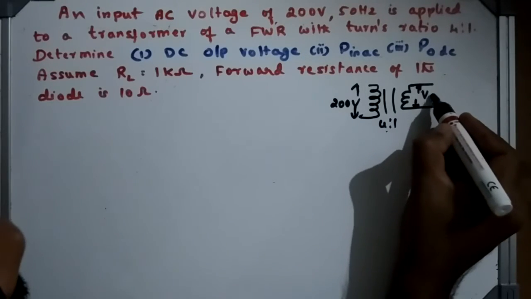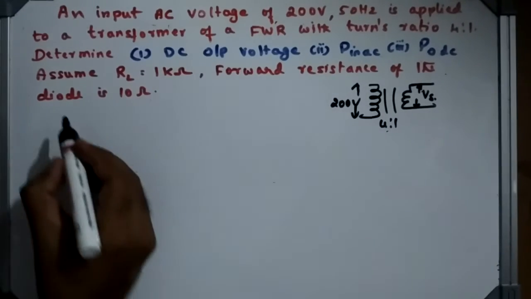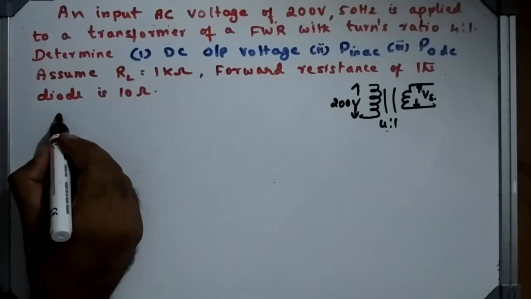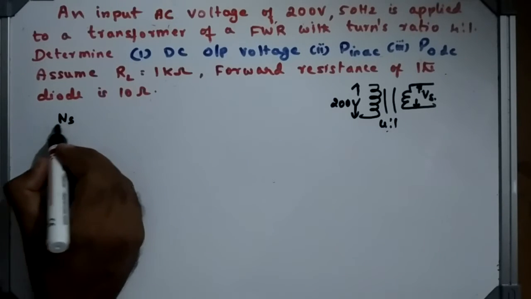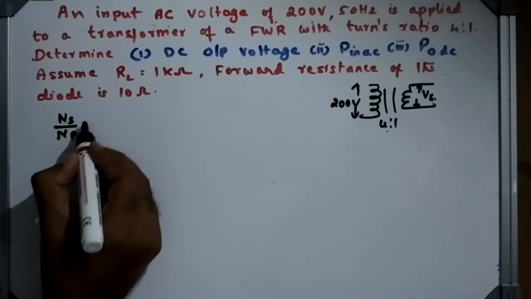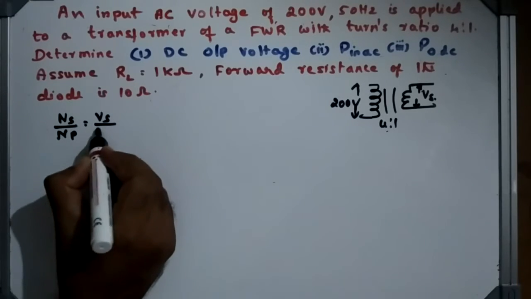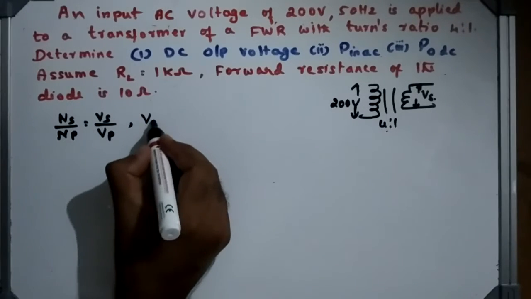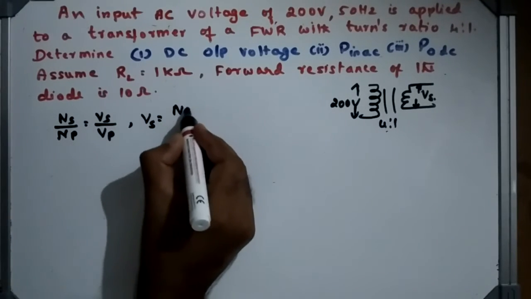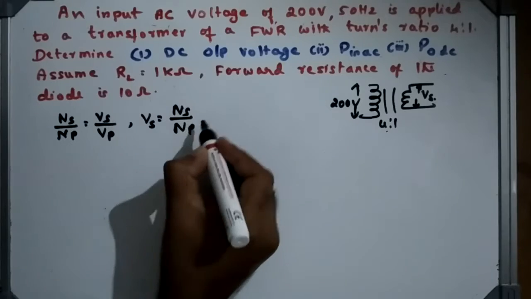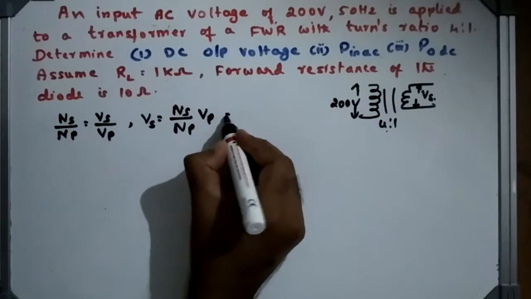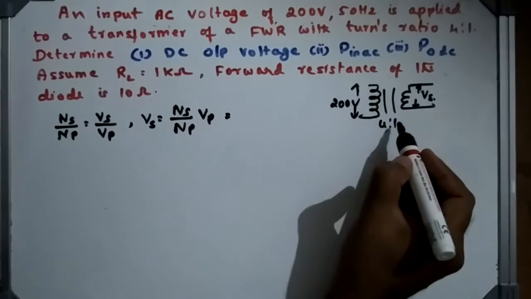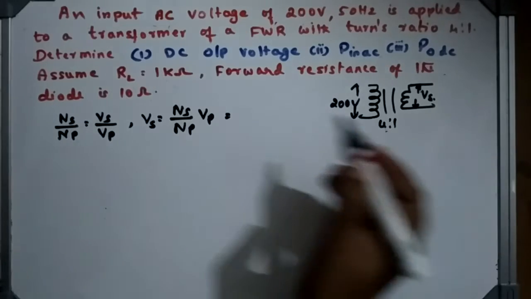So this is nothing but the secondary voltage. Now how do you calculate the secondary voltage? Ns divided by Np is equal to Vs divided by Vp. Now we require Vs. Vs equals Ns divided by Np into Vp, with Ns 1 and Np 4.